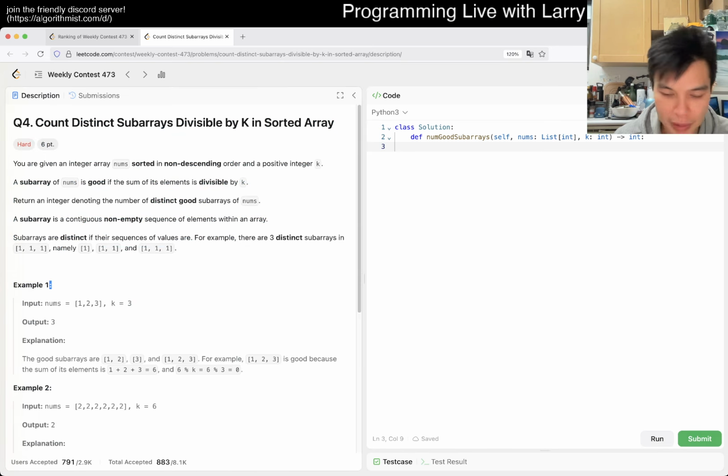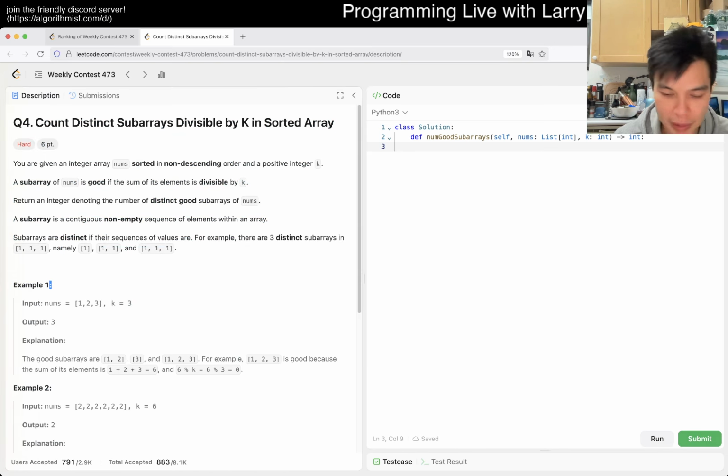Sorted means that you cannot duplicate it unless all the numbers are exactly the same.